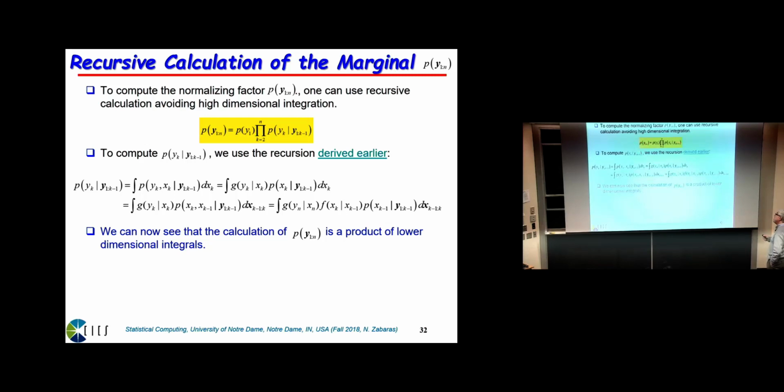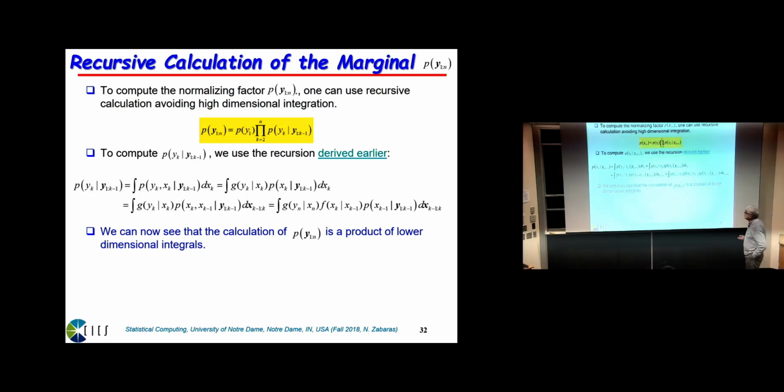Do you agree with me that the product rule of probability gives you this generic formula? The probability of y_1 to n is the probability of y_1, the probability of y_2 given y_1, the probability of y_3 given y_1 and y_2, etc. So the probability of y_1 to n is this generic formula.